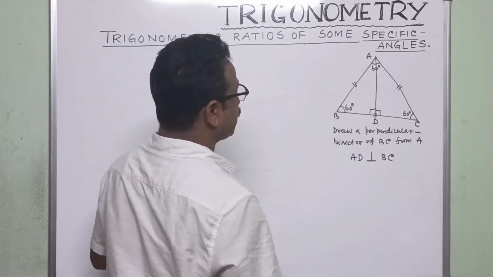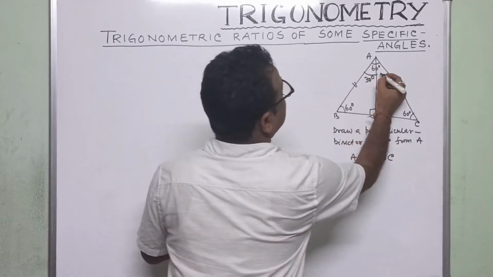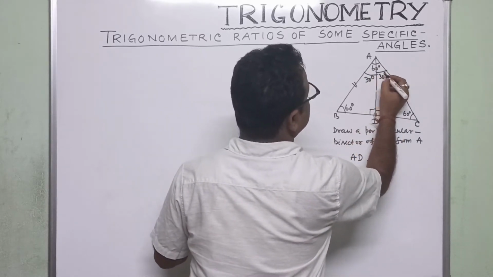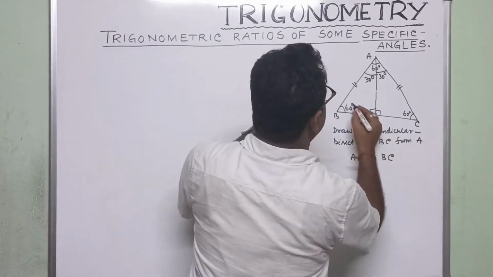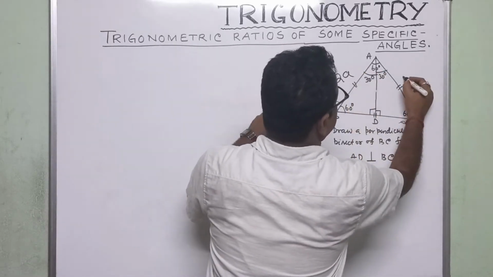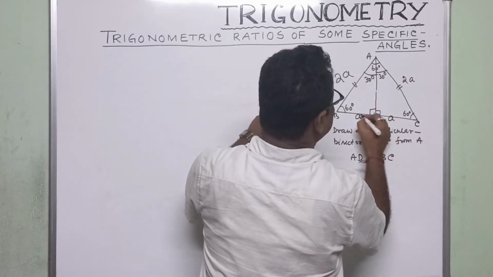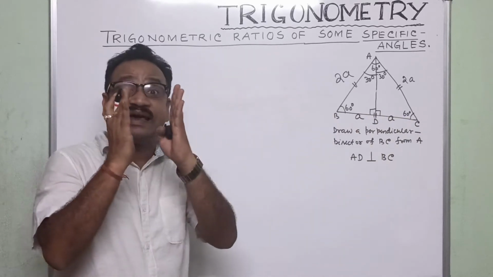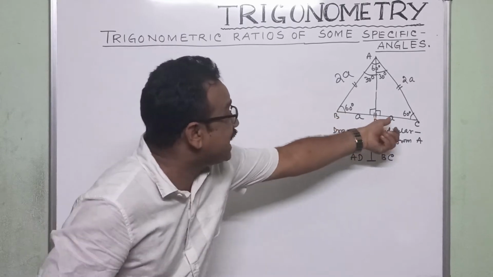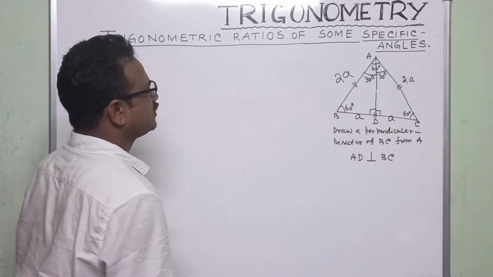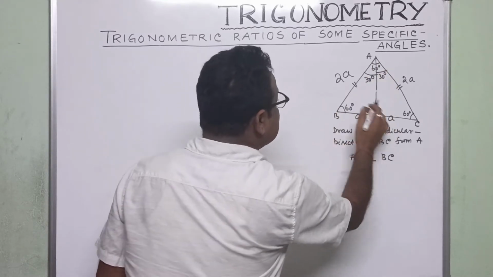So this angle will become 30 degree, and this will also become 30 degree. Here the perpendicular bisector divides BC, which is 2A, into A and A, equally. Now here see, AB is given, BD is given, but AD is not given.